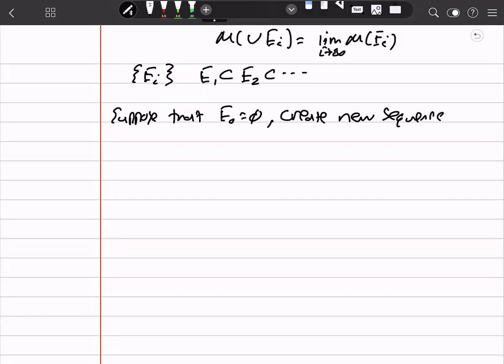We create a new sequence f sub I, which is going to be equal to e sub I minus e sub I minus 1. So this is a new sequence.